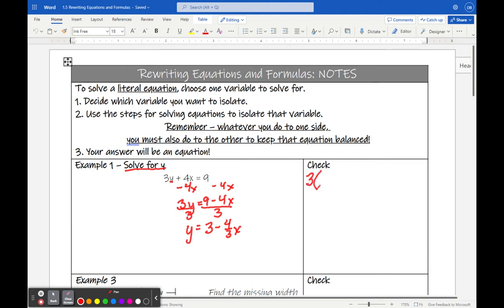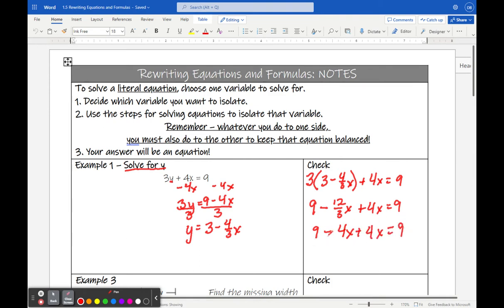3 times the difference of 3 and 4 thirds x plus 4x equals 9. 3 times 3 would be 9. 3 times 4 thirds would be 12 thirds x plus 4x equals 9. 12 divided by 3 is 4x, equals 9.